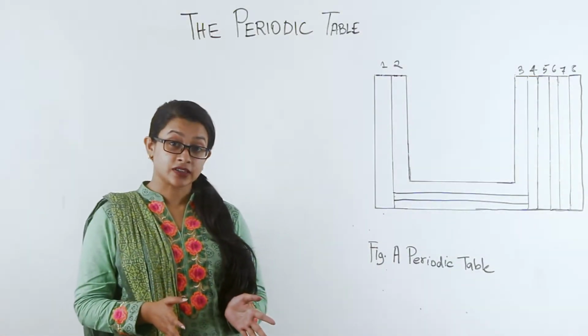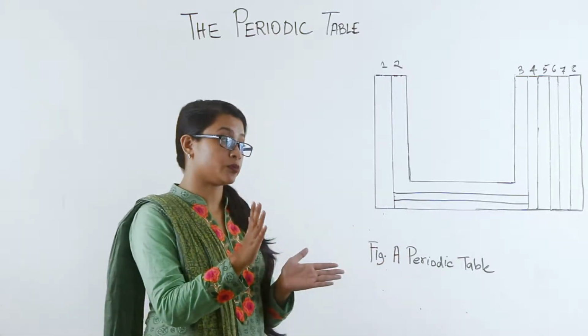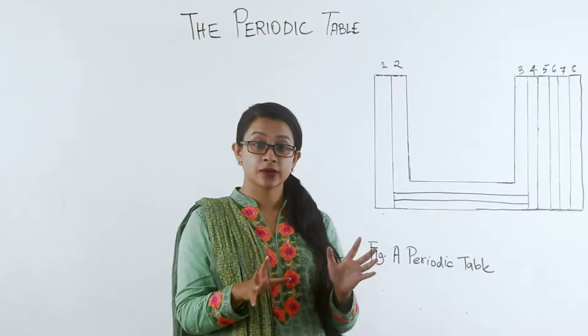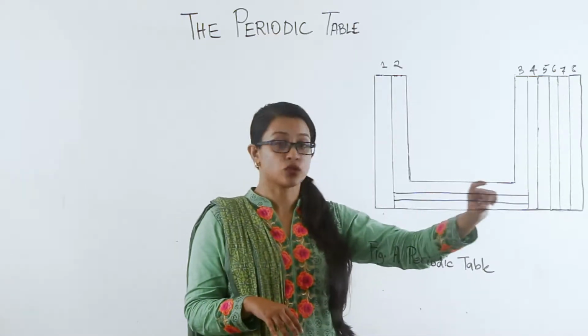In the following diagram, this is a very loose representation of the periodic table. You see that the periodic table is made up of vertical columns and horizontal rows.